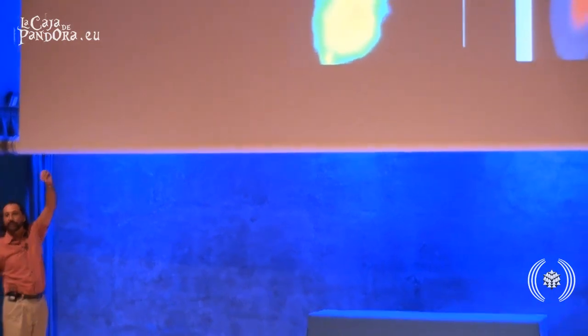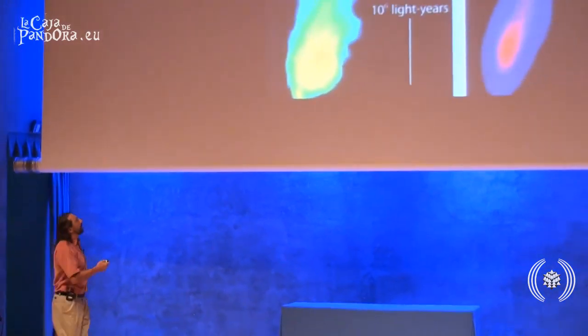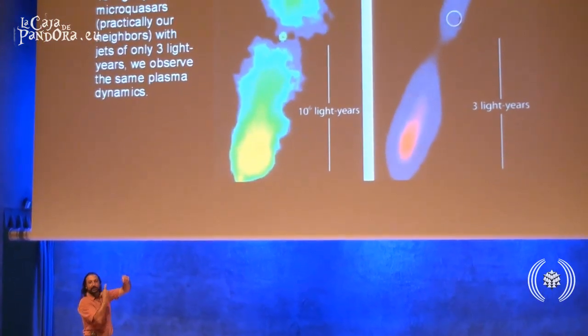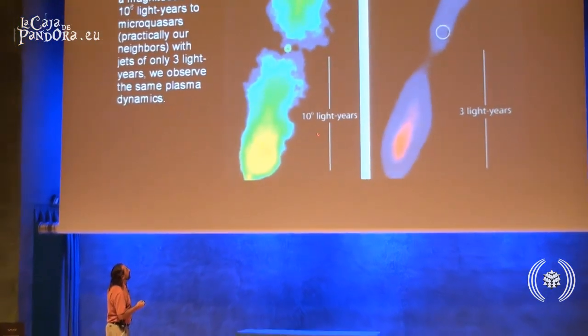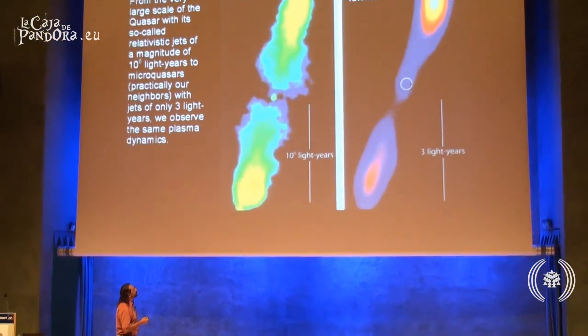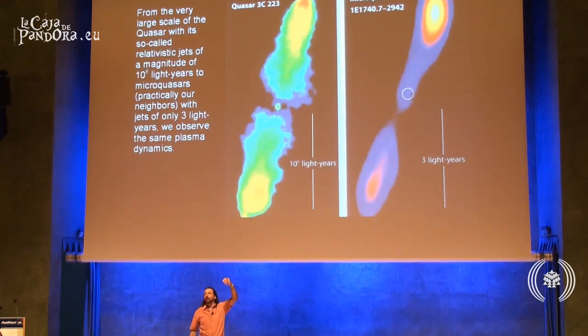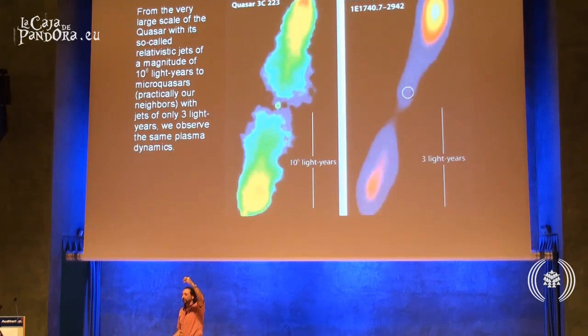These are huge vortices that are coming out of these objects. This big spinning vortex here is 10 to the 6 light years, that is, a million light year long vortex.